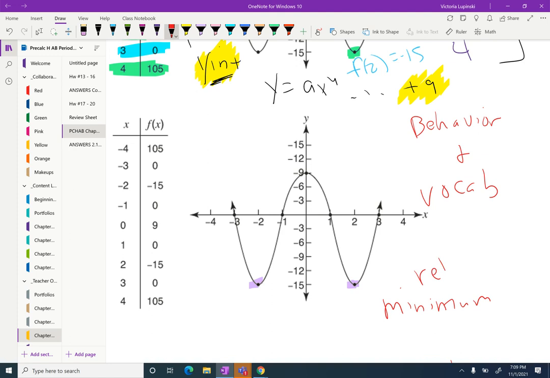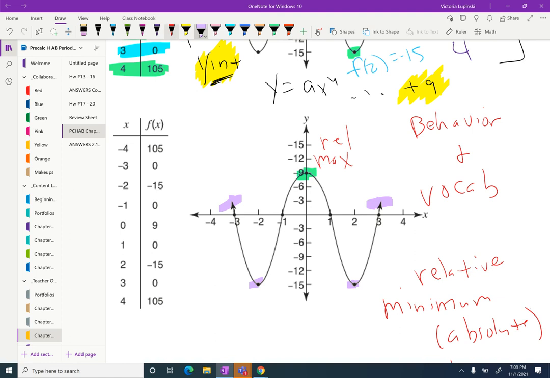Remember, we're used to calling them relative minimums, although in this case they would also be absolute minimums because the graph doesn't go underneath them. Up here at (0, 9), this would be your maximum. In this case, it would only be a relative maximum because this arrow and this arrow imply that it goes up forever and ever.